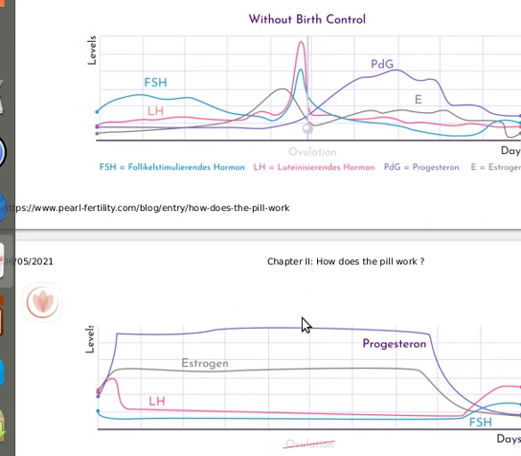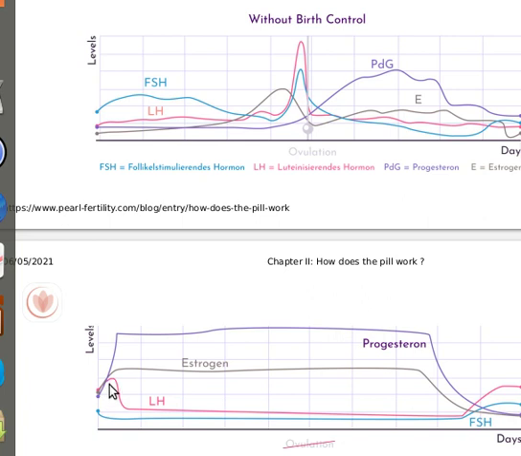If you take the pill, just for you to know, your progesterone levels are really high the whole time, and estrogen is more or less in the middle, but really high. It's a really nice lining of the uterus, and we are going to build that house for the baby, but we don't want a baby, do we?